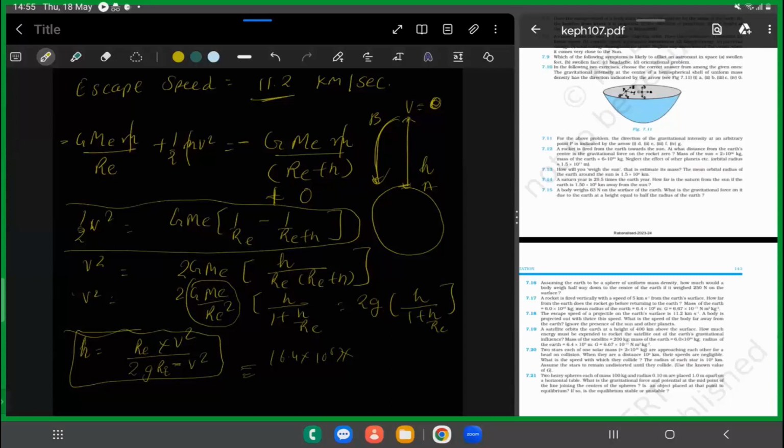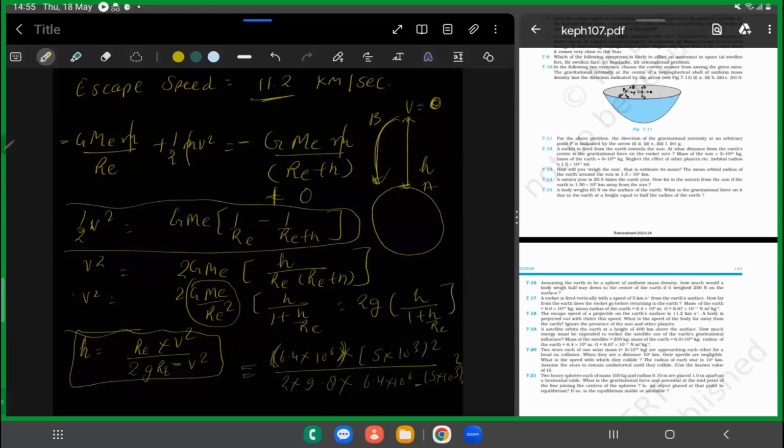Since it is already given per second, we just have to convert it into meters. So let's convert it into meters, and we also know the value of g, 9.8, and the radius, minus v squared. So this is our final expression, and we can solve it to find the value of h.